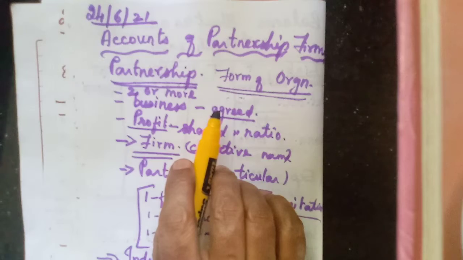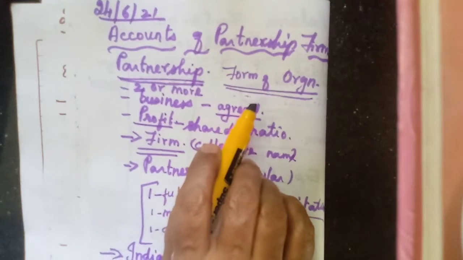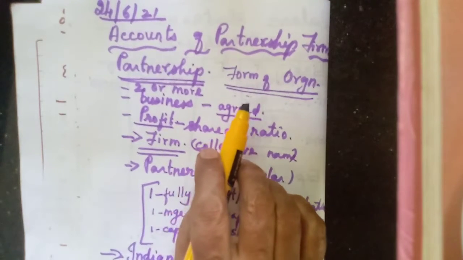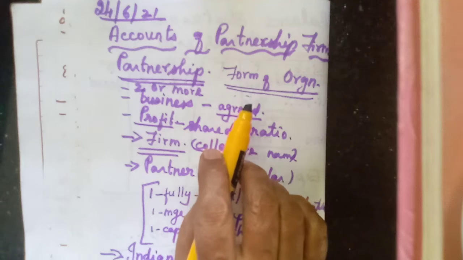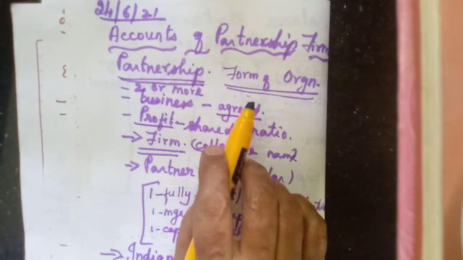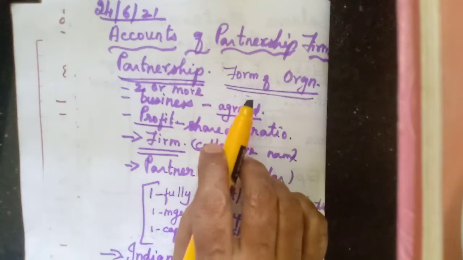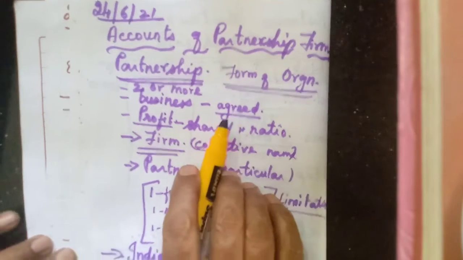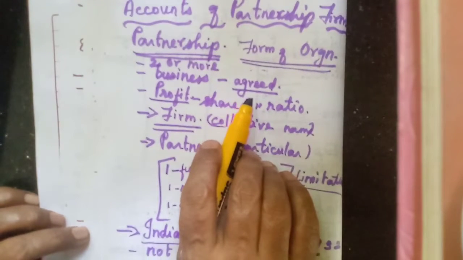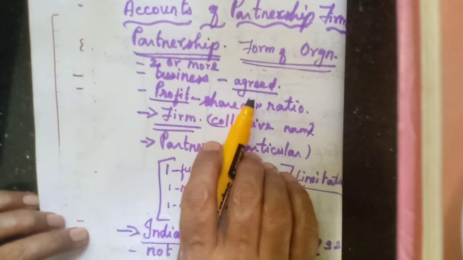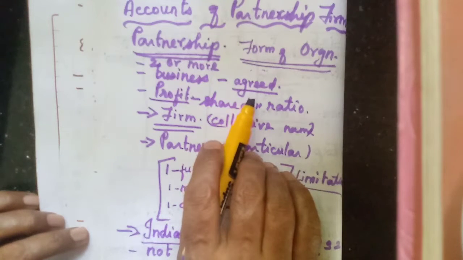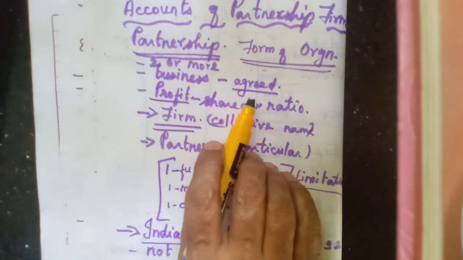That agreement is called partnership deed. That agreement may be in writing, or oral, or it may be implied, understood from the business. The partners will understand what their responsibilities are.